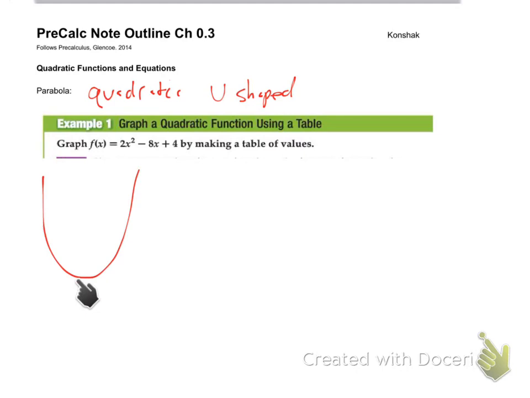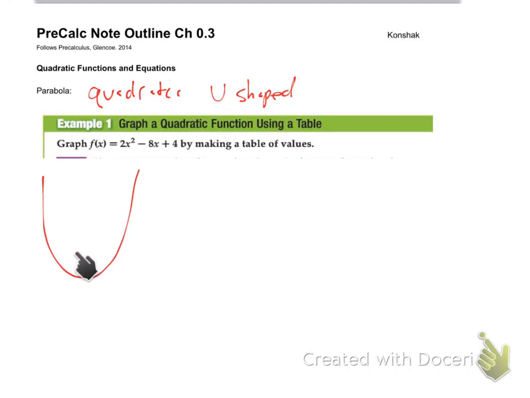That vertex, all of them have vertices. That's not so unique. But what's so special about this one, without even knowing what it is? There's only one. It's also the lowest.